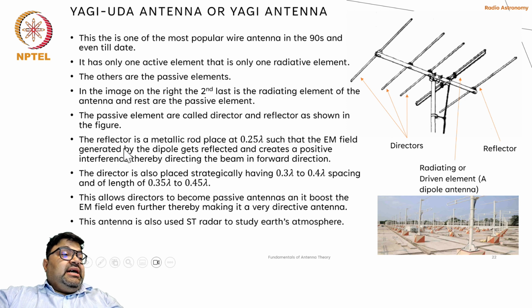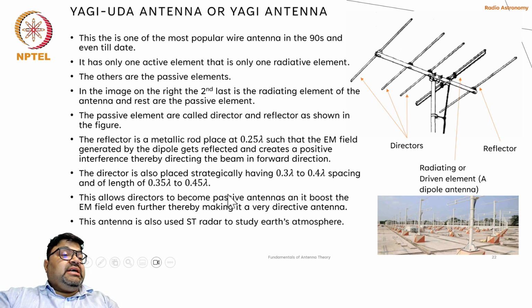The reflector is a metal rod placed at 0.25 lambda such that the EM field generated by the dipole gets reflected and creates a positive interference, thereby directing the beam in the forward direction. So in transmit mode, these are directors, this is the reflector, and this is the radiator. In receive mode, of course, this is the receiving antenna. The director is also placed strategically, having 0.3 lambda to 0.4 lambda spacing, and a length of 0.35 lambda to 0.45 lambda.